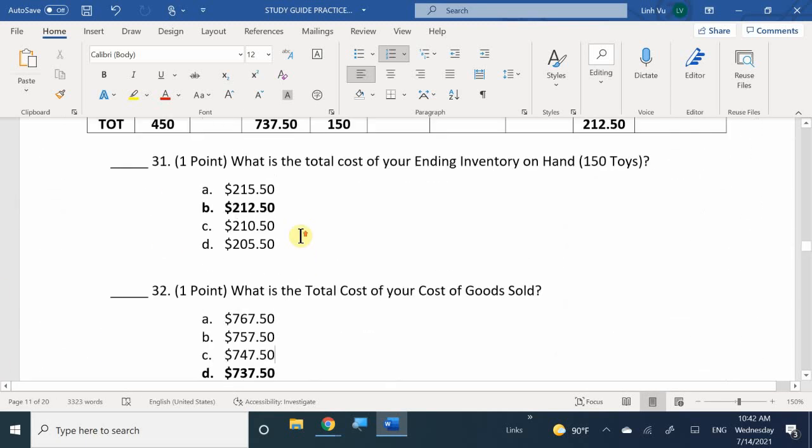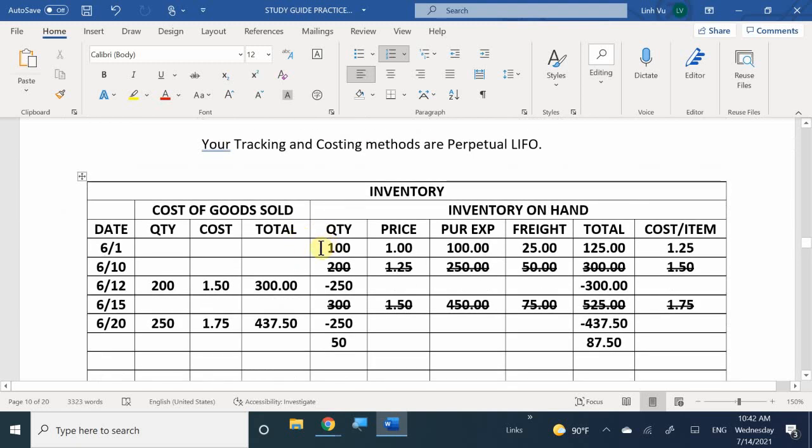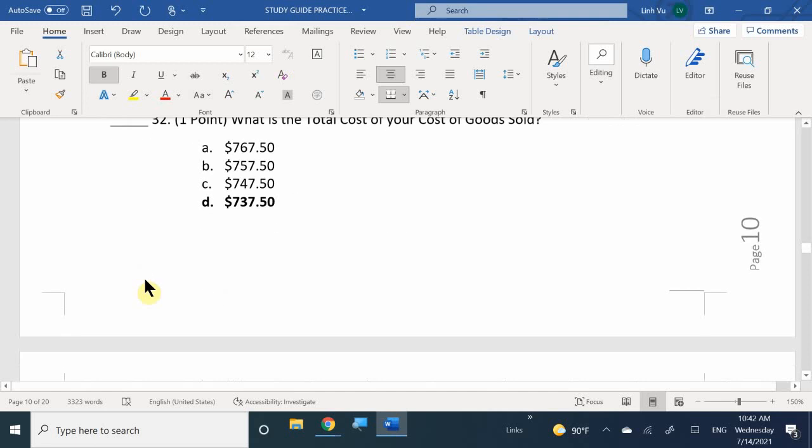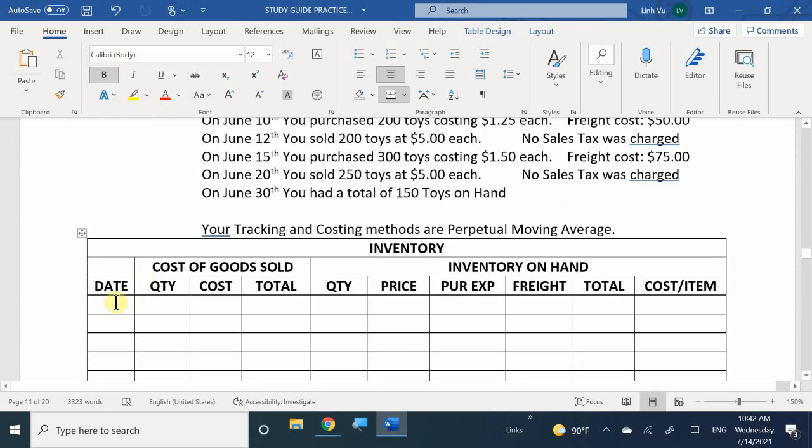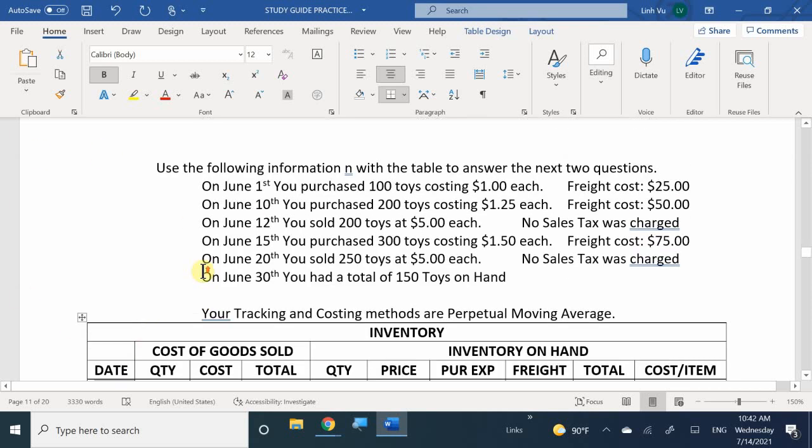So the very first one, we know for a fact that this is going to be the same, that we're still going to be purchasing 100 toys at $1 each, with the freight costing $25 to give you this very first line right here. However, let's talk about what happens next.